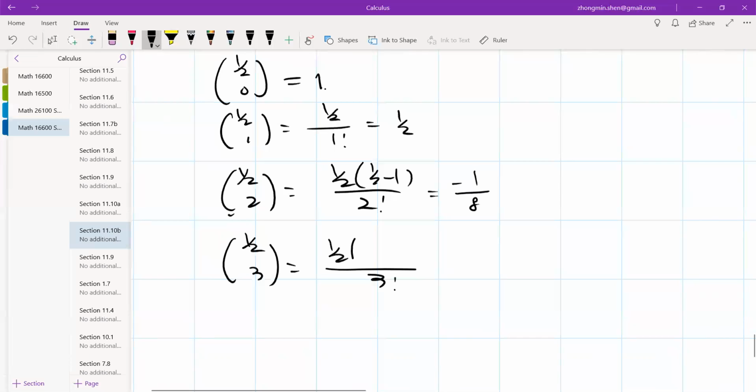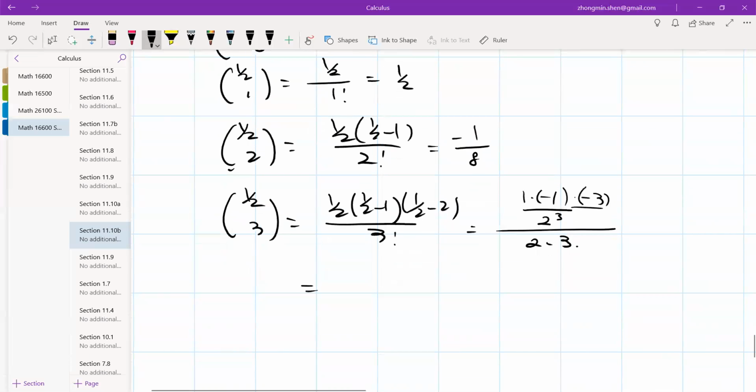Then 3 factorial, (1/2)(1/2 - 1)(1/2 - 2). So let's figure out what is on top. The bottom part is 2 times 3. The top part is 2 cubed, 1 times negative 1, and 1 minus negative 3, so it becomes positive. The 3 cancels out.